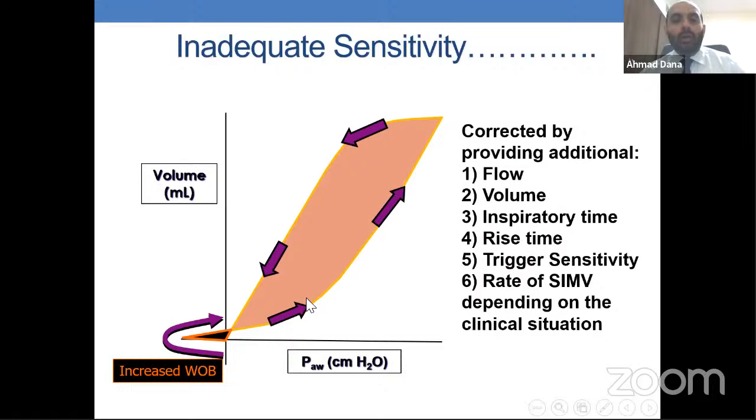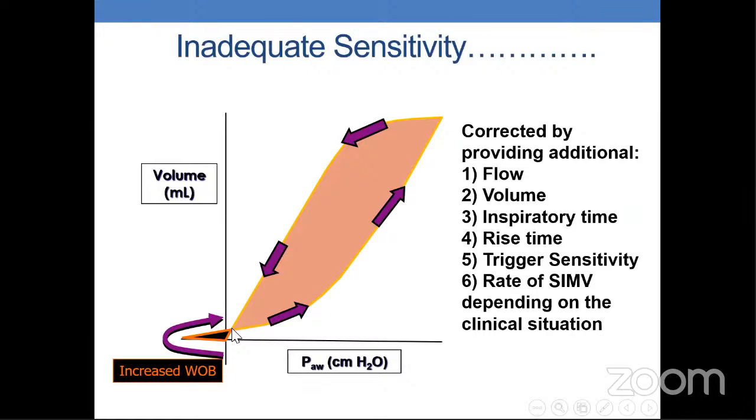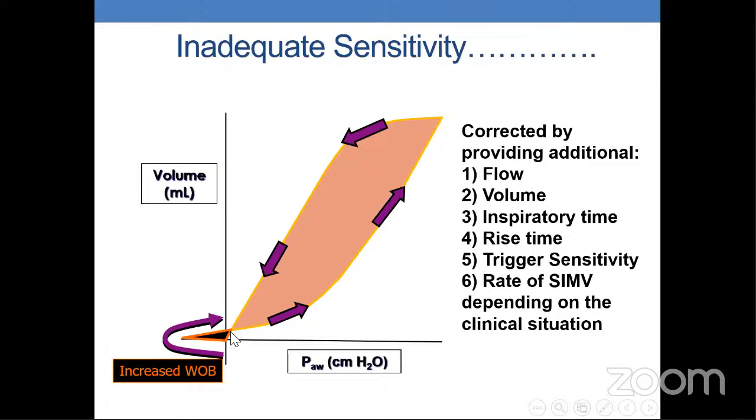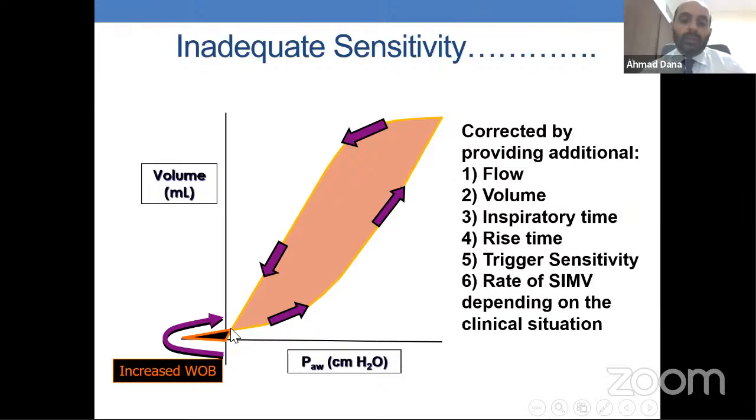Again, the air hunger or the problem can happen if you have inadequate trigger, inadequate sensitivity. Inadequate sensitivity, what does it mean? Usually when you set the ventilation, you set the sensitivity, especially in assisted control. You set the trigger of the machine. What does it mean?